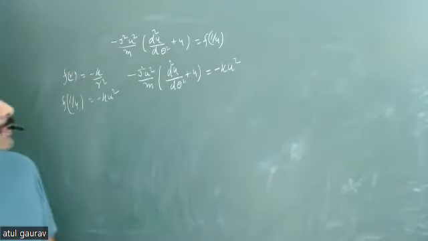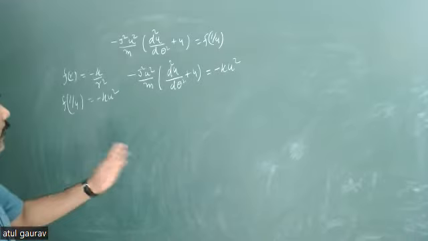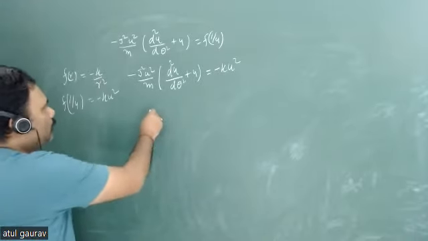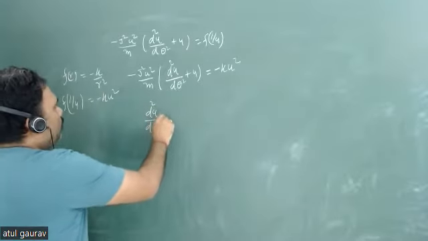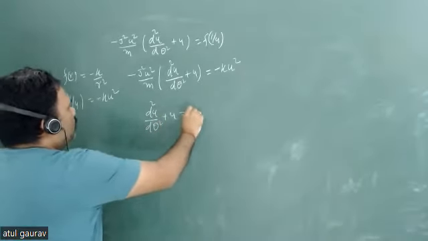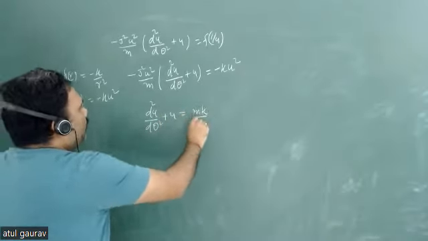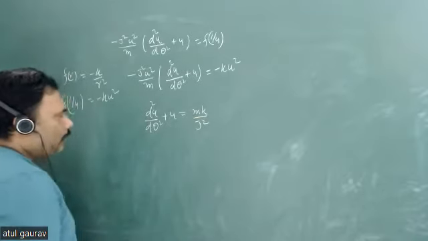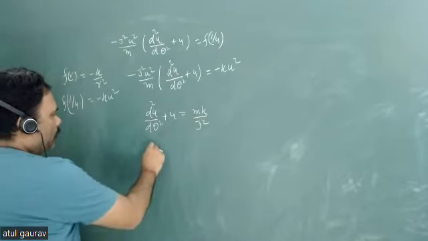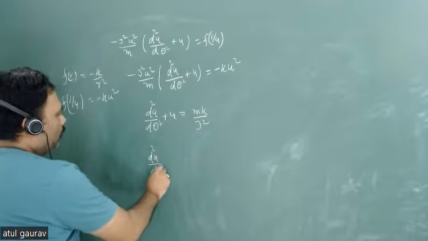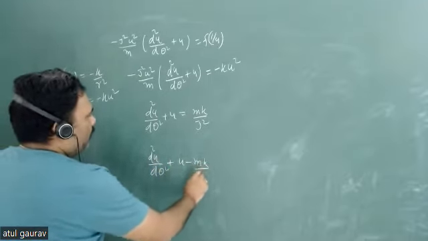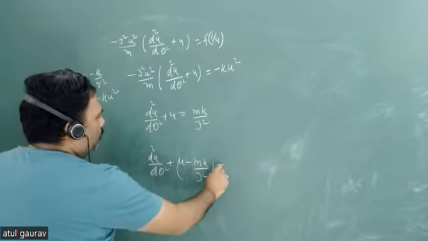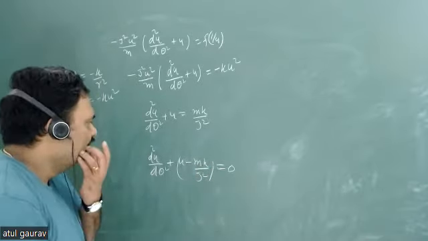Then you have d square u upon d theta square plus u is equal to mk upon j square. So d square u upon d theta square plus u minus mk upon j square must be equal to 0.